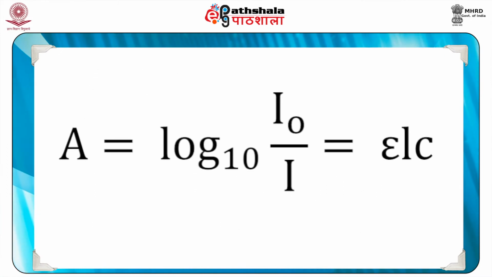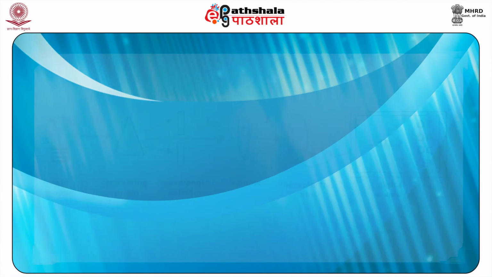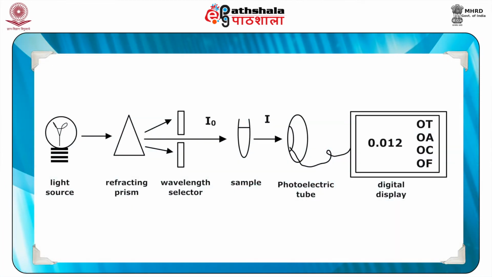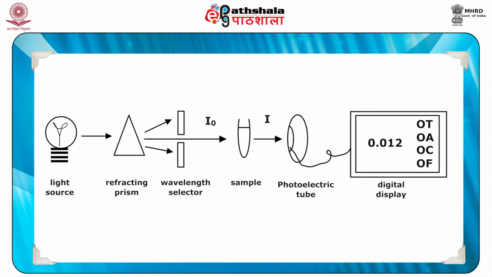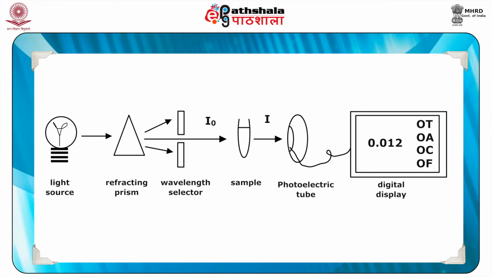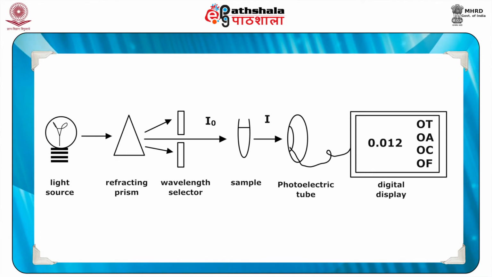A spectrophotometer relates the decrease in light intensity of a monochromatic light beam from I0 to I to the absorbance using the equation A equals log10 (I0/I) equals epsilon L C. The spectrophotometer is a sensitive device which can measure concentrations of substrates or products provided they absorb light in the wavelength range of 200 to 700 nanometers.